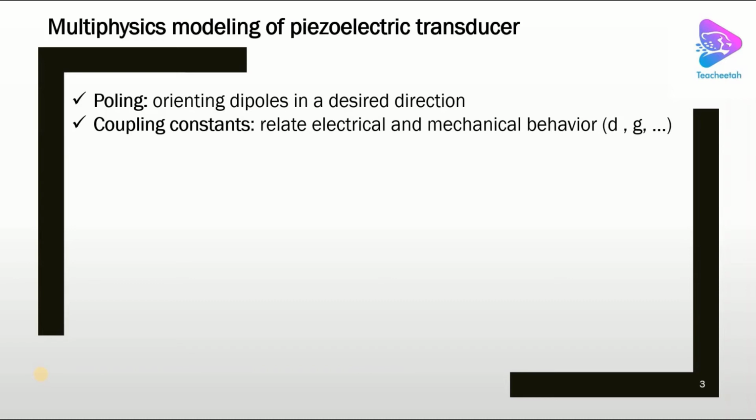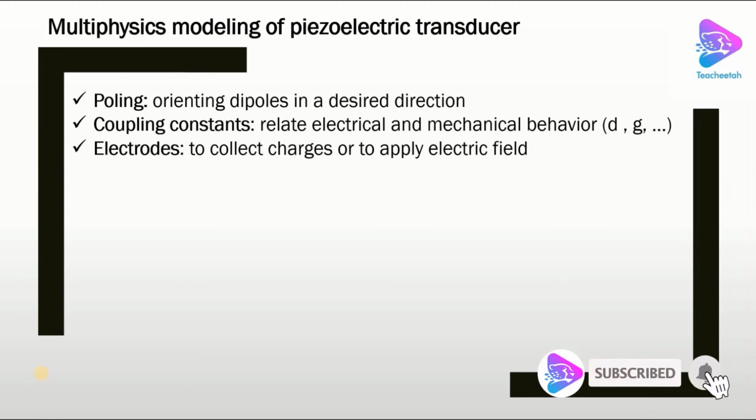In fact, there are matrices which show the relationship between the electric component and mechanical component of the piezoelectric material. Finally, the electrodes. Basically, in piezoelectric materials, electrodes are located in a desired place to collect all charges generated due to the mechanical load, or they are used to apply electric field for actuation.